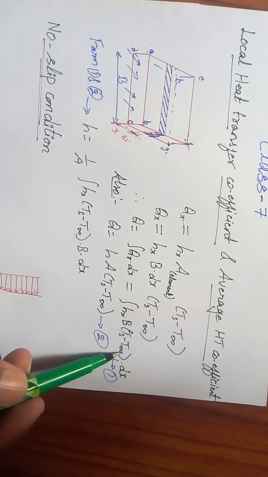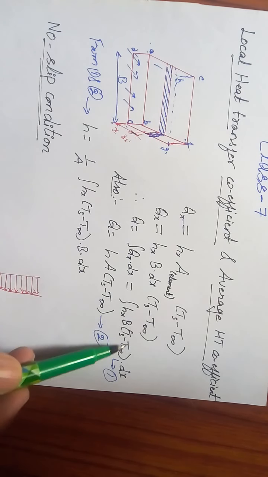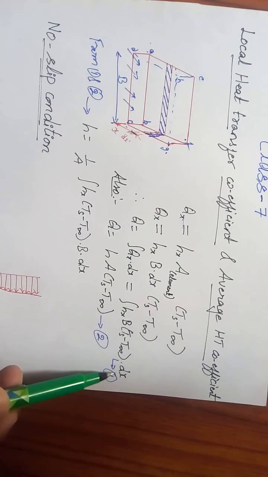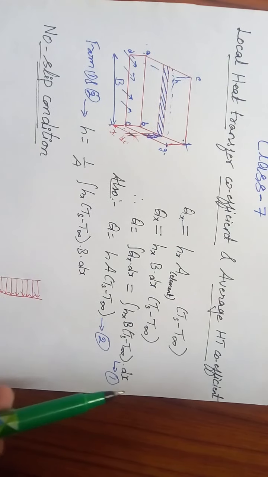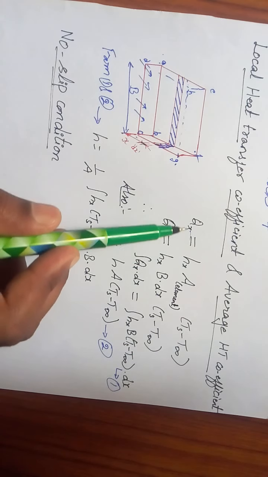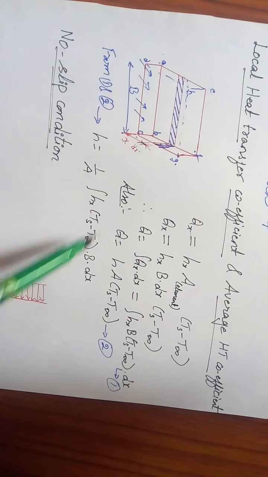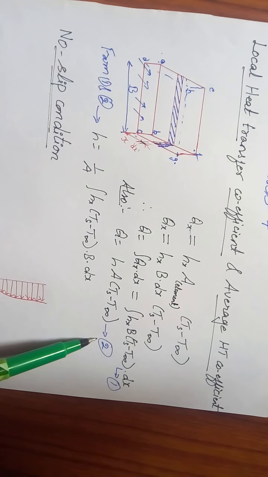Now if I want to integrate this, B is a constant, so I have to integrate with respect to x. Call it equation number 1. Write the same equation, Newton's law of cooling, for the entire surface A, B, F, C. You will get equation number 2.